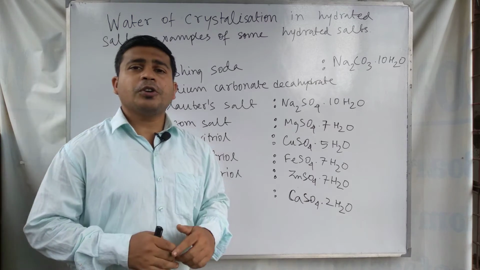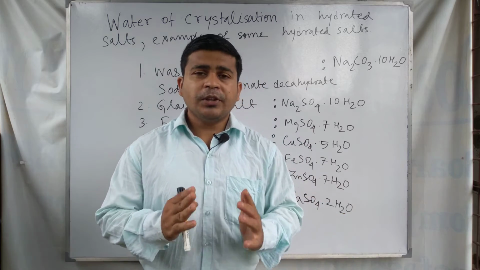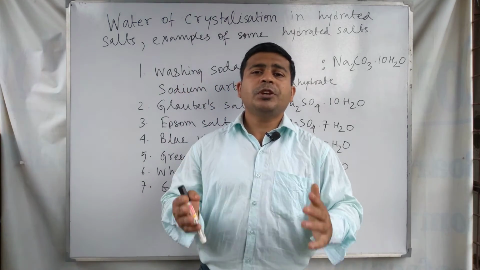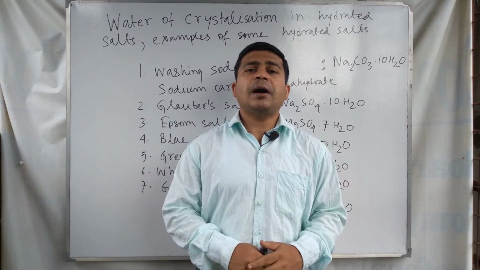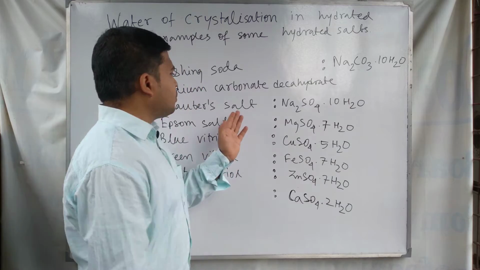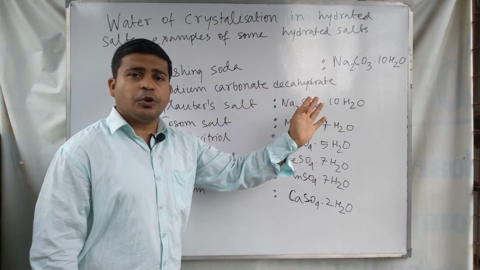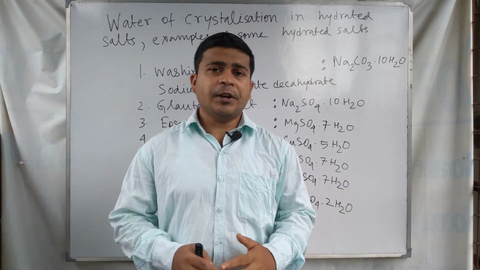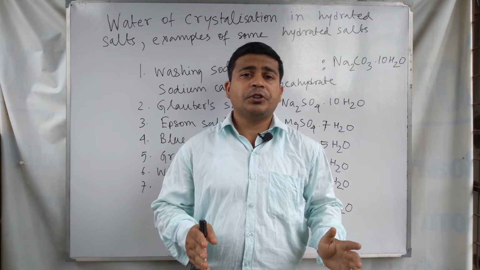Now we have to talk about what will happen if we heat these substances. Means if we heat these hydrated salts, what will happen? Or if we keep these types of salts at room temperature, what will happen? For some salts like sodium carbonate .10H2O, which is called washing soda, if we keep washing soda at room temperature, it becomes anhydrous, and anhydrous means it loses its water of crystallization.